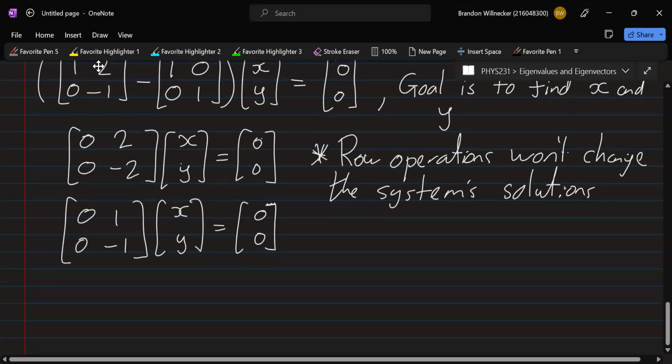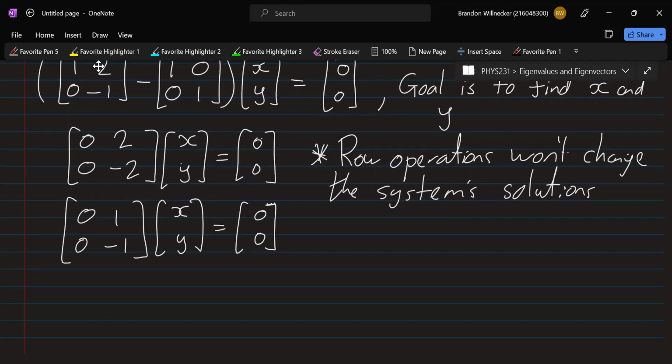Okay, so what do we have here? If we look at the first equation here, we have y is equal to 0. And in the second equation, we have minus y is equal to 0. So in both cases, we have y is equal to 0.